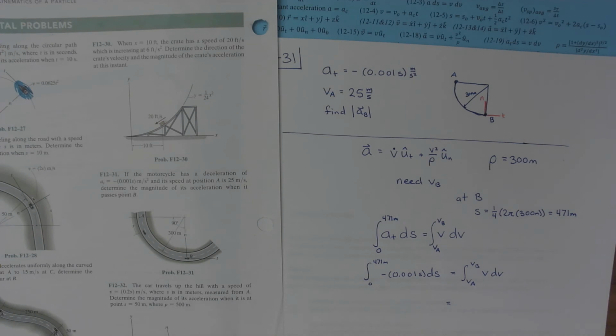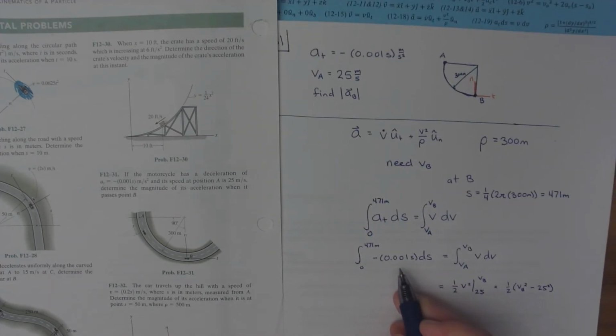Okay, so when I integrate v dv, we have seen this many times before. We get 1/2 v squared. We're going from, let's put in the 25 now, to vb, and this is going to be 1/2 of vb squared minus 25 squared. Then when we integrate with respect to s, we can pull the negative 0.001 outside the integral.